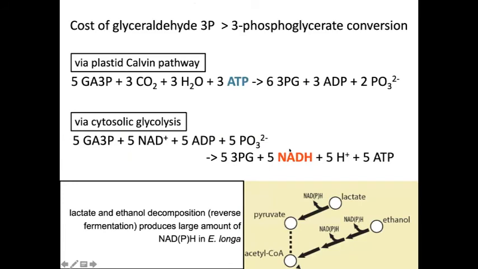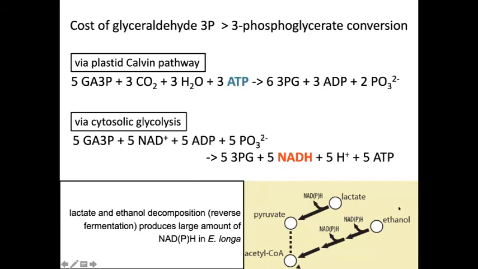And why we think this happens is because of the stoichiometry of conversion of glyceraldehyde 3-phosphate to 3-phosphoglycerate. When you look at the equations, you can see that although the Calvin pathway consumes ATP in these reactions, it doesn't lead to accumulation of NADH.